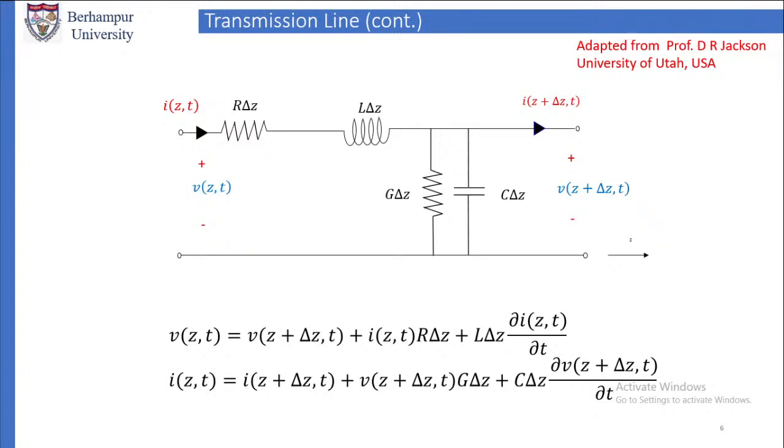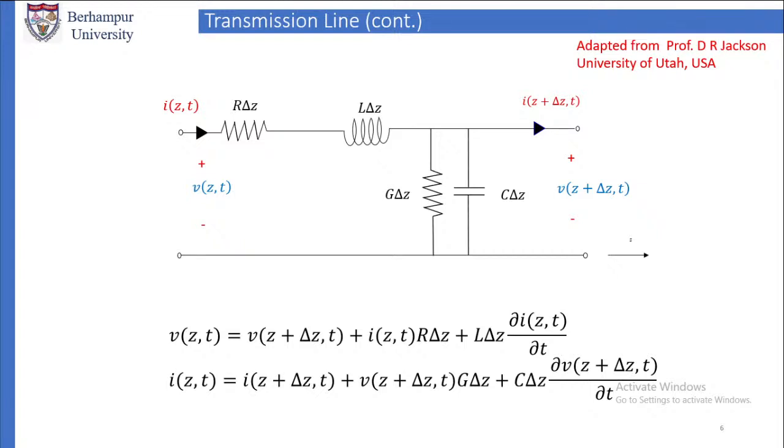So V(Z,T) is equal to the voltage across the conductance or capacitance, that is V(Z plus delta Z, T), plus the voltage drop across the resistor. Resistance is R delta Z. Current passing through that R delta Z is I(Z,T). Therefore, the voltage drop is I(Z,T) into R delta Z. As you know, V is equal to IR.